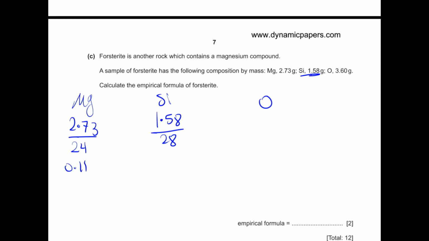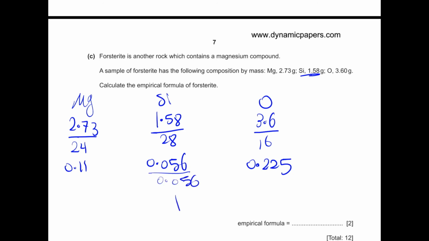That gives us 0.056. For oxygen we have 3.6 grams divided by 16. That makes 0.225. Now to find a ratio between all these three, we should divide by the smallest number, which in this case is 0.056. So 0.056 divided by itself makes 1, and 0.11 divided by 0.056 gives us 1.96.